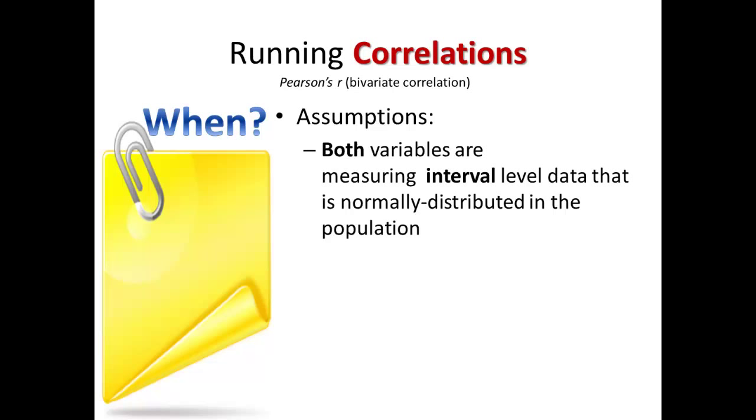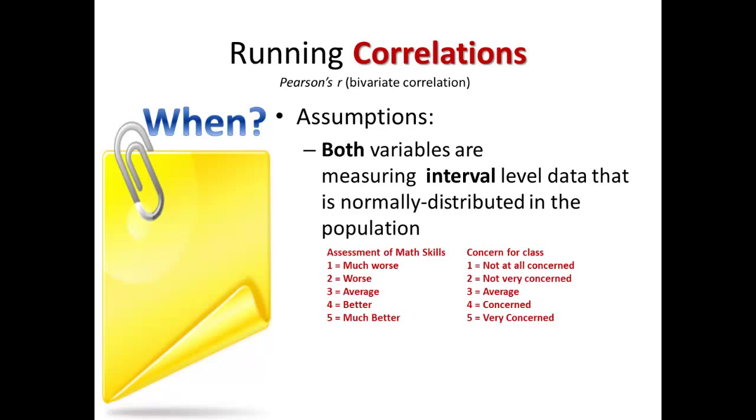The assumptions are that both of the variables that you're looking for a relationship between are measuring interval level data that is normally distributed in the population. An example would be these two, the assessment of math skills and concern for class. Now, I know that assessment of math skills and concern for class are technically ordinal level data, but we can treat some ordinal level data as interval or ratio level data.